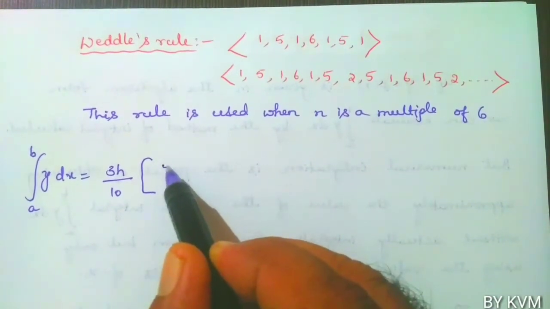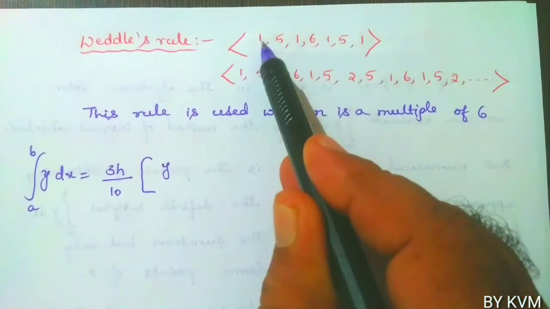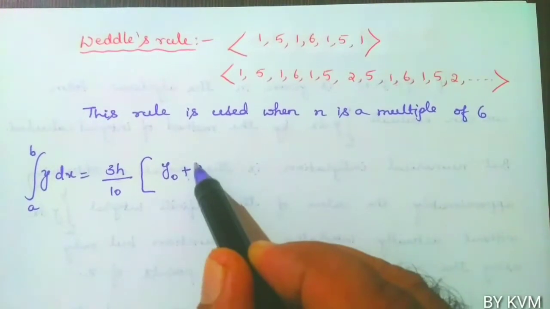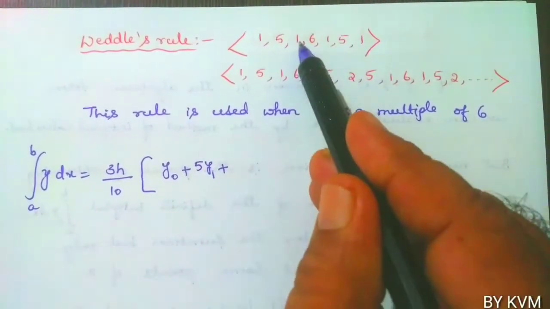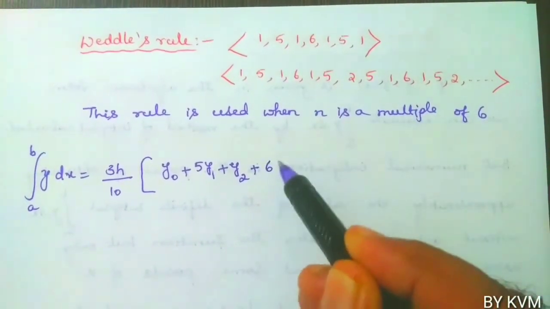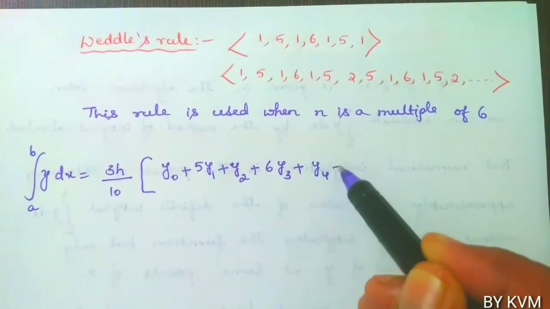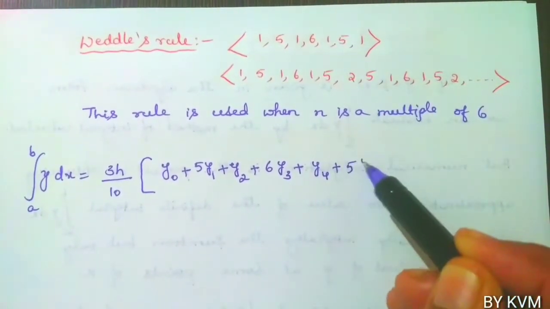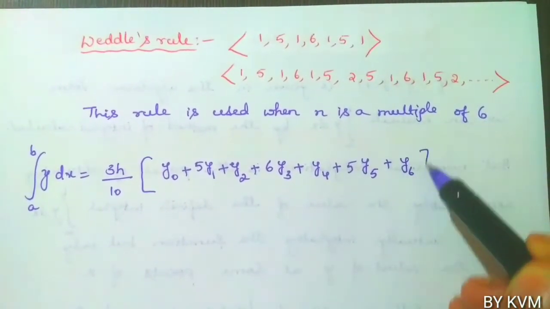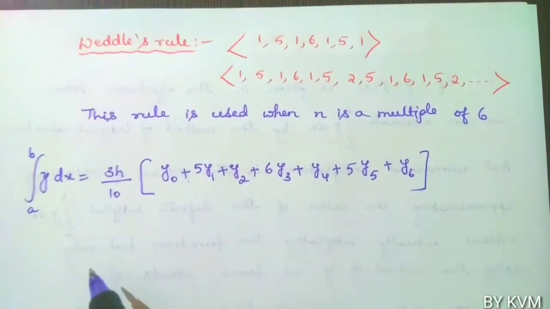So now use the sequence of numbers, 1 5 1 6 1 5 1 for 7 points, that is y0 plus 5 into y1 plus 1 into y2 plus 6 into y3 plus 1 into y4 plus 5 into y5 plus 1 into y6. This formula is only for 7 points.